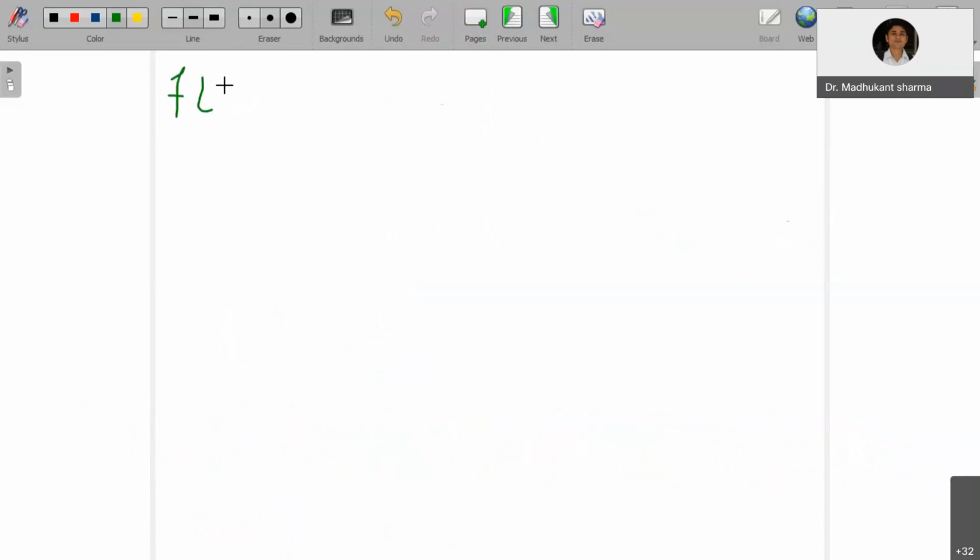So f at 0 0. Let me write down f of x comma y here so that it is easy: 2 plus 2x plus 2y minus x square minus y square.